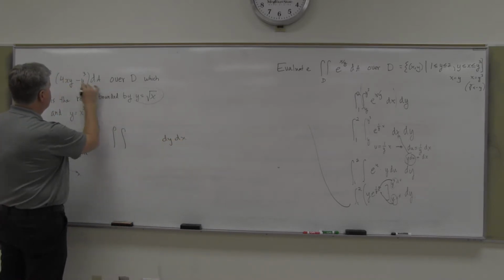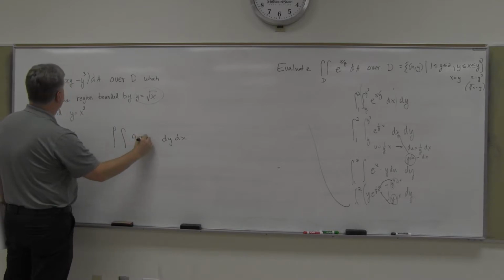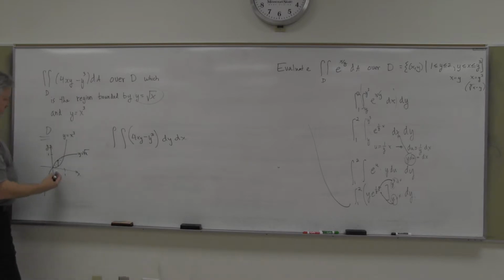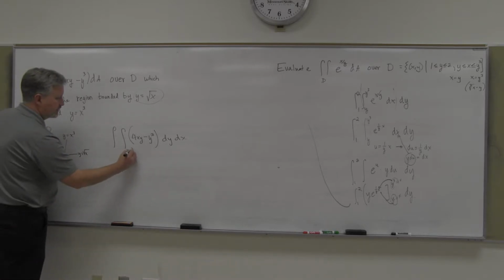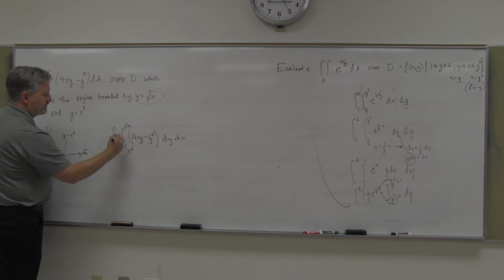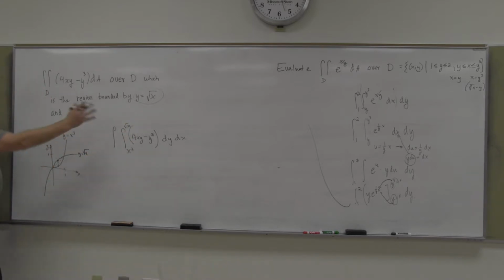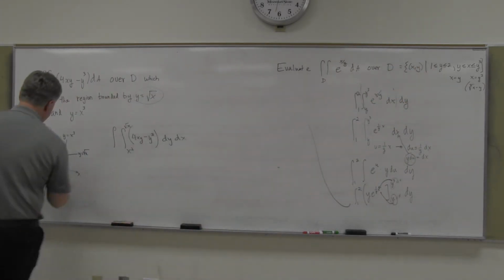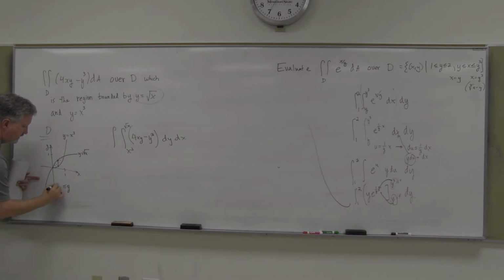Then the x's. So it's 4xy minus y cubed. Do the y's first, and then the x's. So if I do the y's first, the y goes from, what's the lower one? X cubed. The lower one's x cubed. And then the upper one is square root of x. You might want to write it out like it is over here. In this case, I've got the y's between x cubed, the lower end, and square root of x is the upper end for the y's.